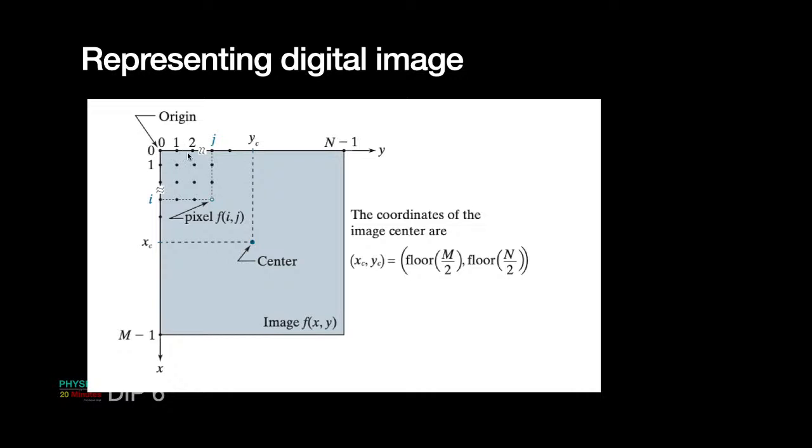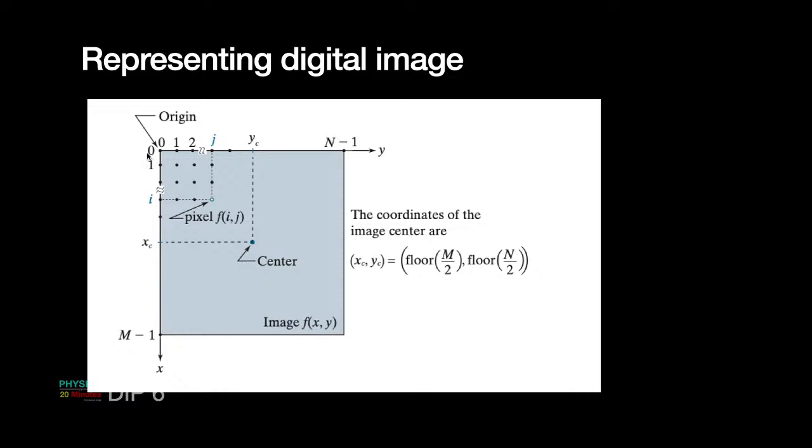When I say n number of points along the horizontal, that means the image has been sampled into n number of columns. So this is one column, this is another column, this is the next column, and so on and so forth. The columns are traditionally numbered from 0 to n minus 1. So when the number of columns is n, then the addresses of those columns start from 0 to n minus 1. You will need this while doing practical, so please remember.